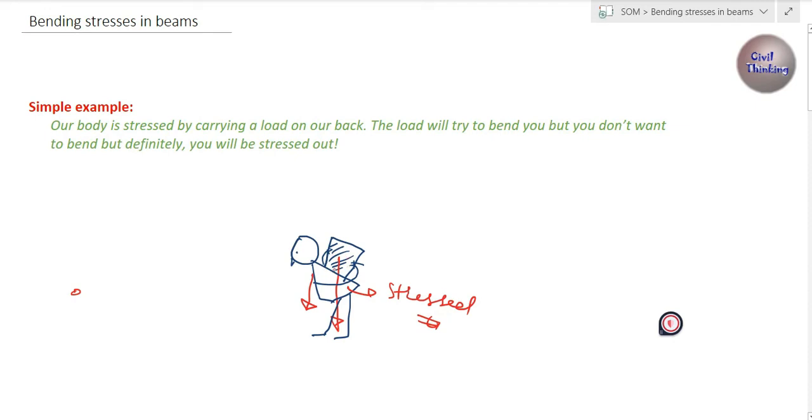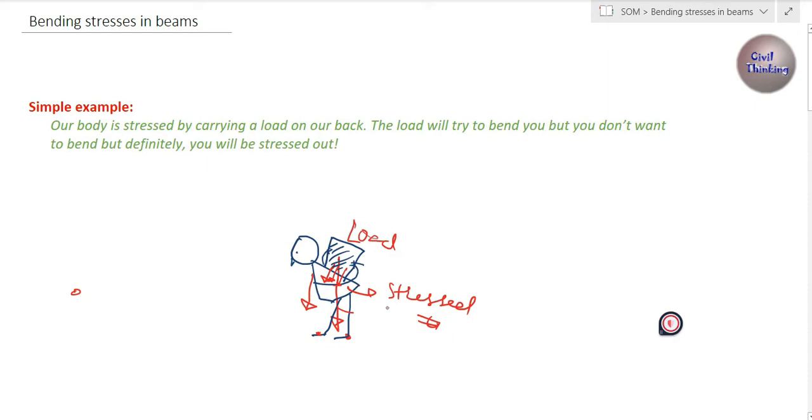All right. Now look at this box. It is exerting force on your body, and the force will exert shear forces on it, and it will also exert bending moment on your body, like here this will exert bending moment, here it will exert bending moment. Okay, so the concept is this load will induce shear forces in you, it will also induce bending moments in you.